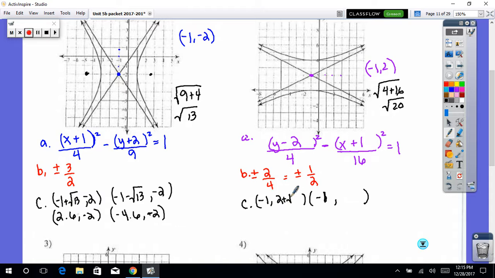So I have 2 plus the square root of 20, and 2 minus the square root of 20. Okay, again, for those of you that want to visually see where that is located, this one is going to be at almost 6.5, 6.47. And this one is at almost -2.5. So right here and right here.